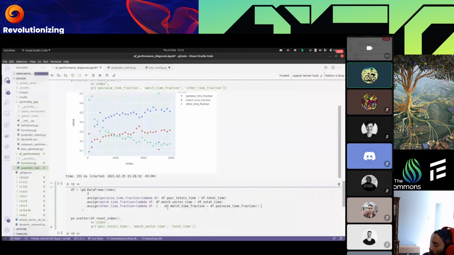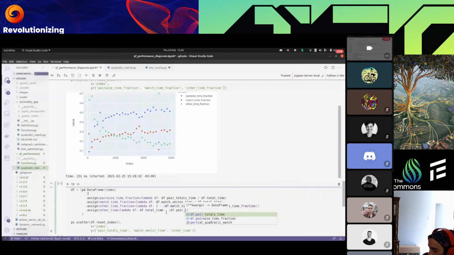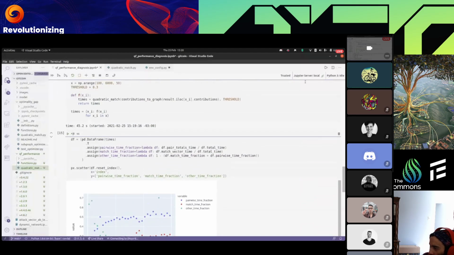Actually, I think that I should create another variable here, the other time. The other time is going to be the total time minus the pair totals time plus the match vector time. Let me see if it worked. Yeah, I think it went.